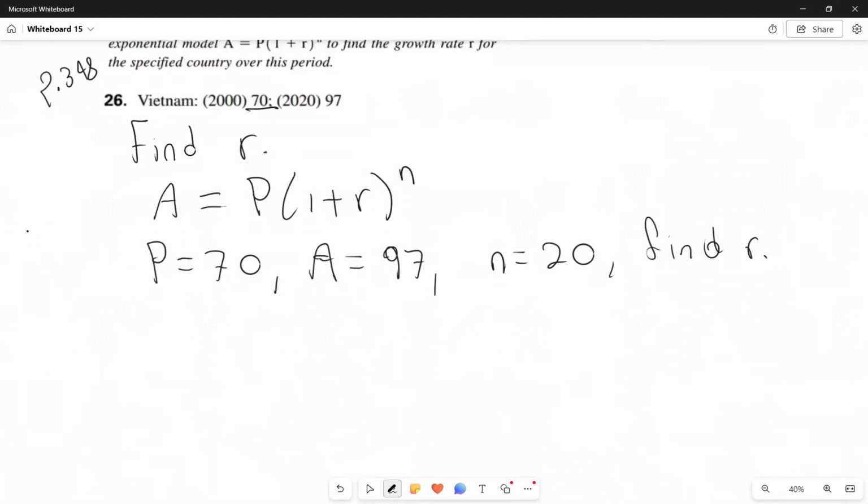Let's plug it in. So 70 times 1 plus R to the power of n is equal to 97. We're going to solve for R. In order to solve for R, we need to divide both sides by 70. That is, we're going to pass the 70 to the other side.